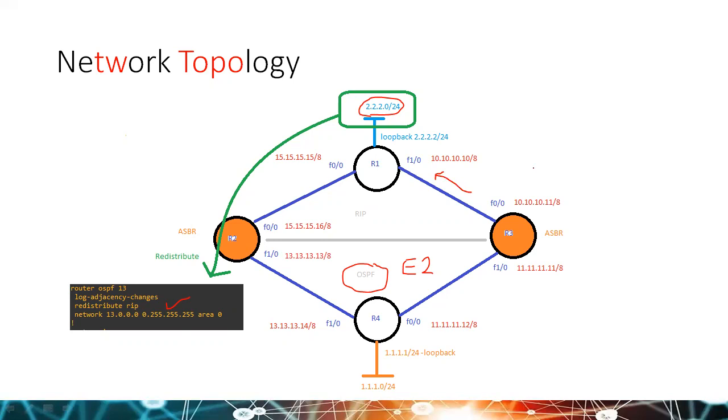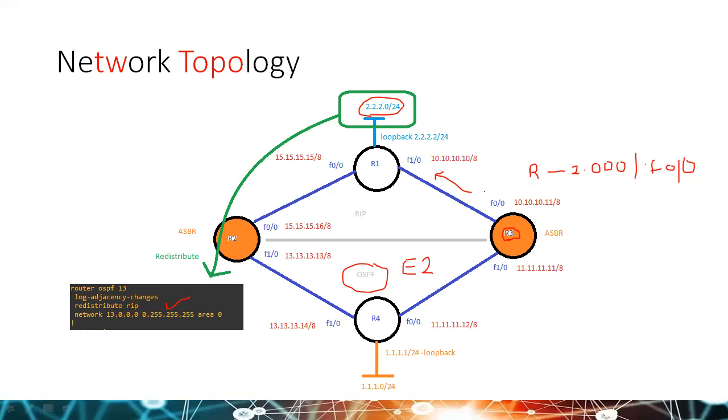So there was a routing entry which says the routing protocol is RIP, and it can reach the 2.2.2.0 network via F0/0 interface. But now, as soon as this network is redistributed, R3 will prefer to reach 2.2.2.0 via OSPF because the administrative distance of OSPF is preferred over RIP.